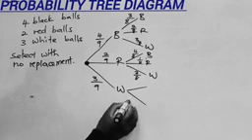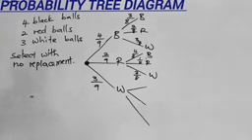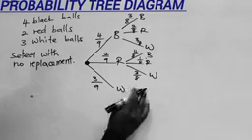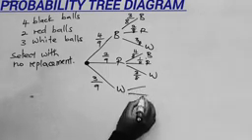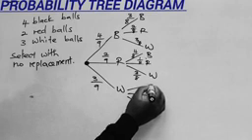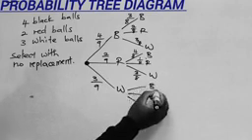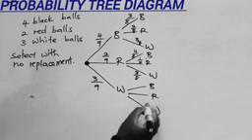Now assuming you have chosen the white ball. This is black, red, white.